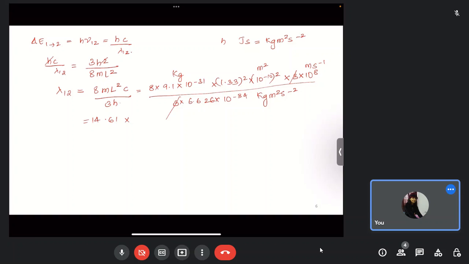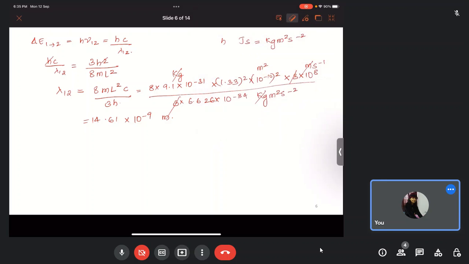So if you cut off everything, this is meter second inverse, meters by second inverse.